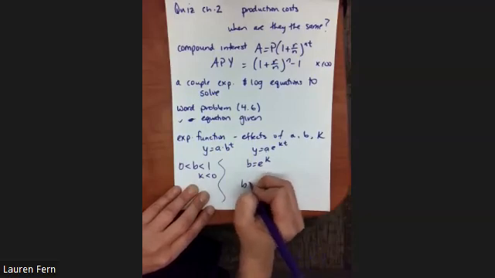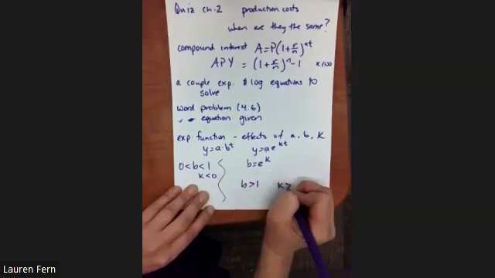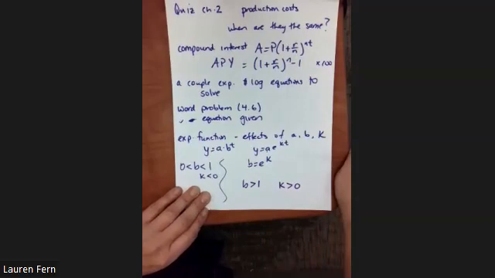And if it's growing, b is greater than 1, or equivalently, k is positive.